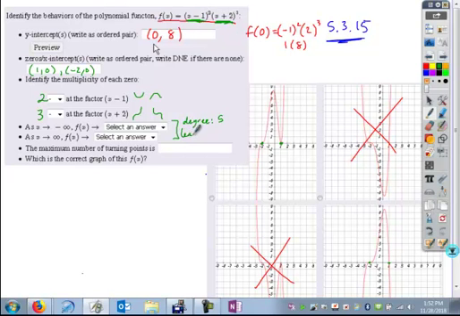For the leading coefficient, all you really need is whether it's a positive or negative number. There's no multiplier out front, so it's a positive 1. What that means is your left-right behavior is going to be down to the left, and up to the right. And so you can identify what's going to happen.